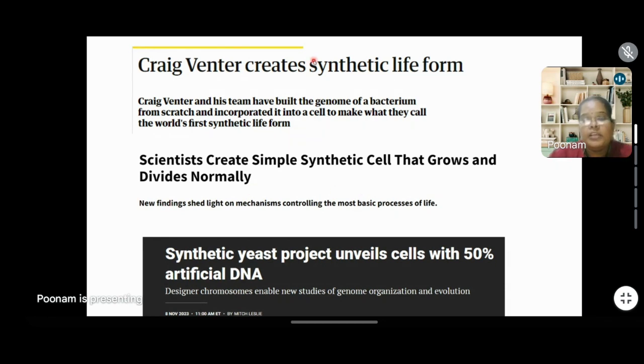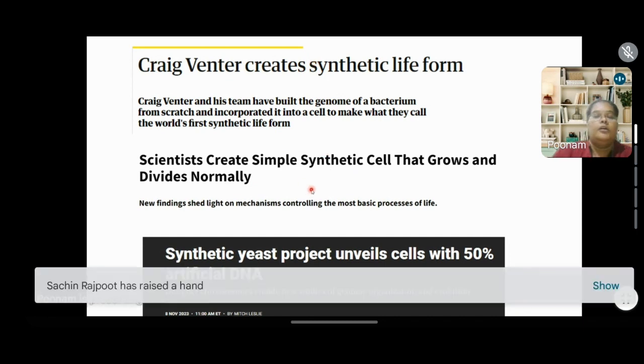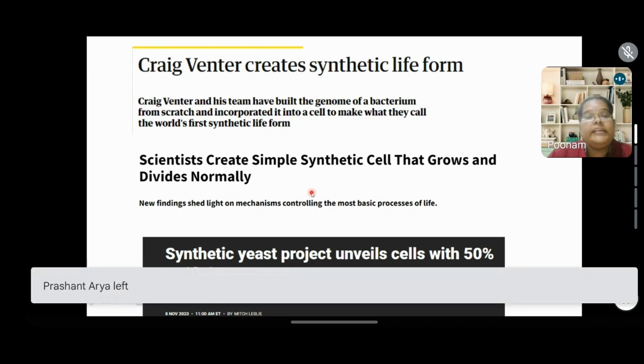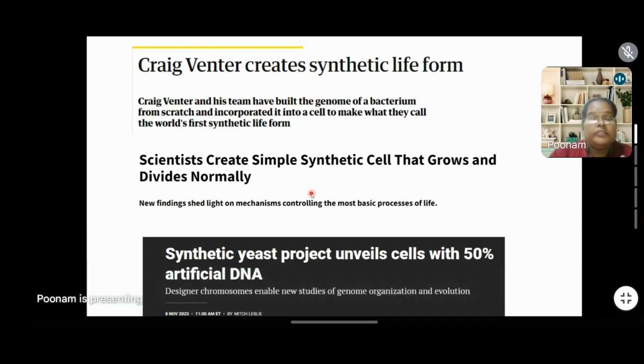The advancement of this report came in 2021, which says that not only can synthetic cells be formed inside the lab, but they can grow, automatically divide, and replicate, and they can control the basic processes of life inside the lab itself.